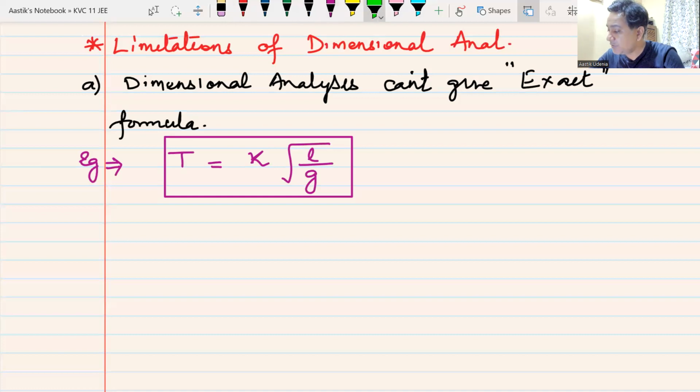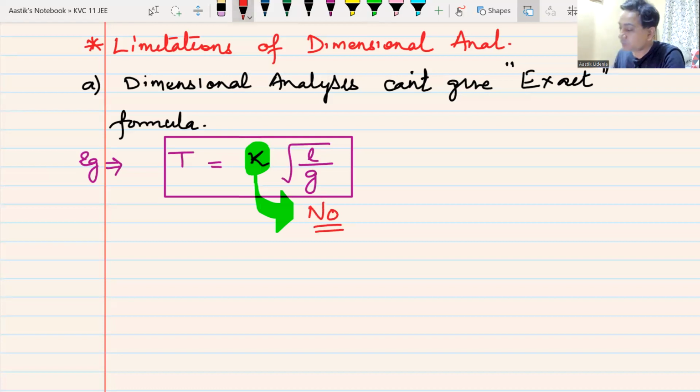Yes. And you remember this K, this K was a number. Dimensional analysis cannot give us the value of this number.